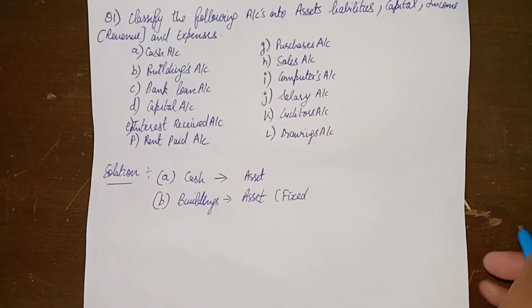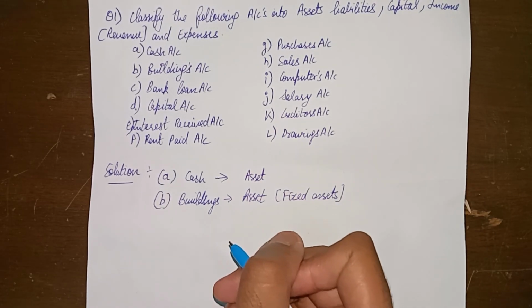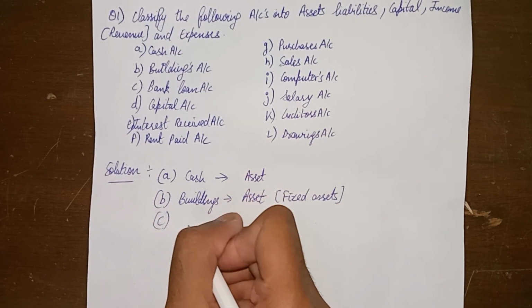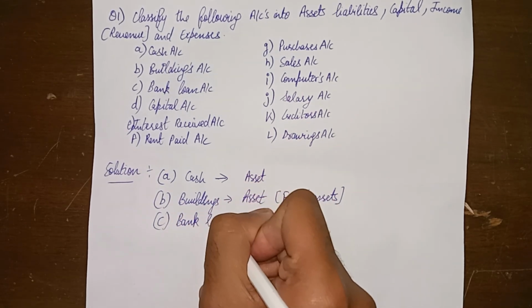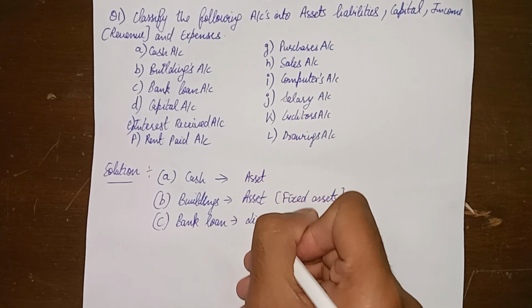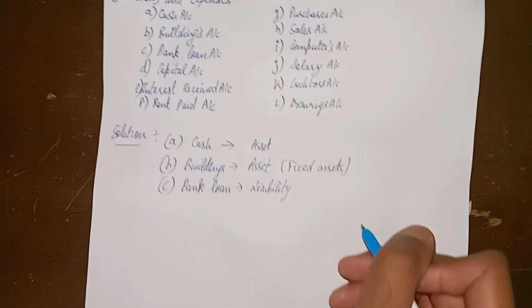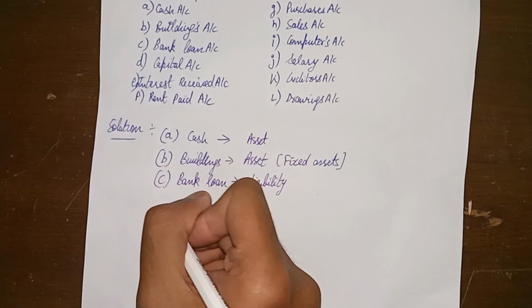They cannot be moved. Okay guys, what is bank loan? Bank loan is a liability. Why is bank loan a liability? You take a loan from the bank, but you should pay it back with added interest, so it is called a liability.